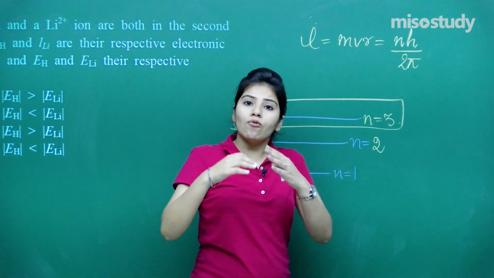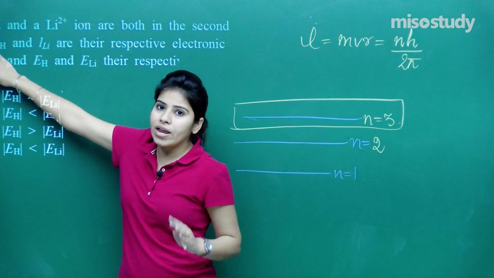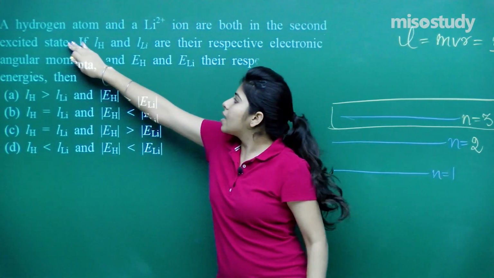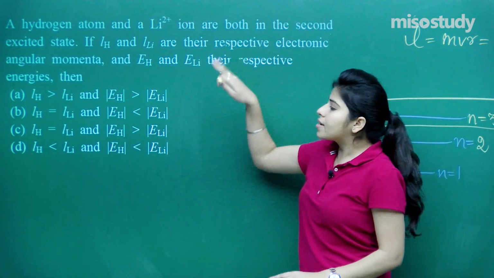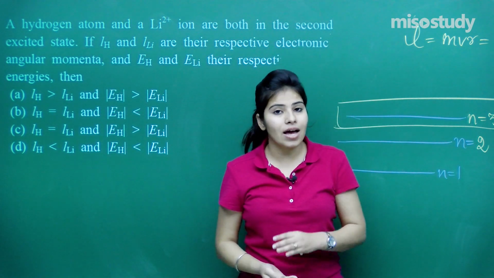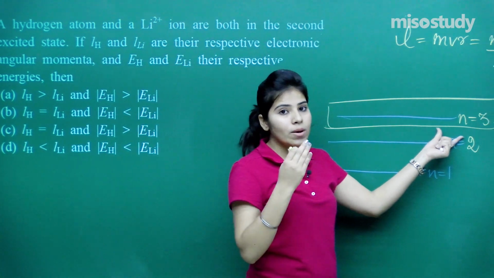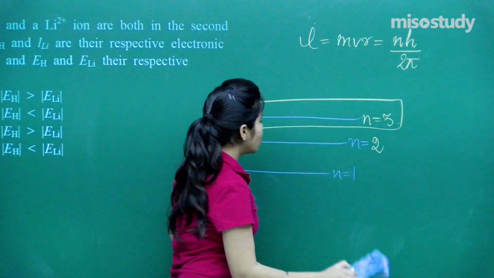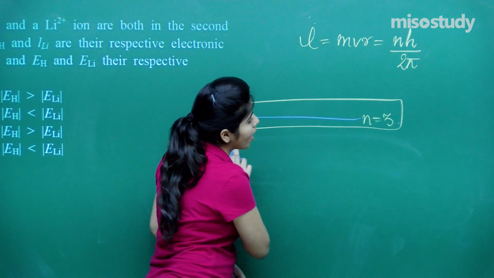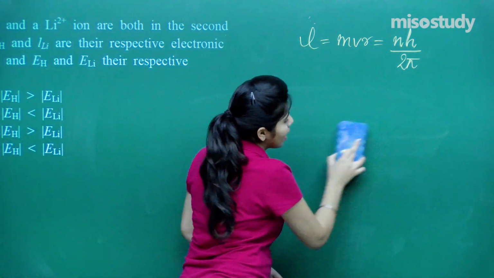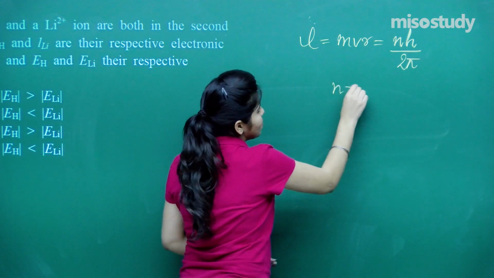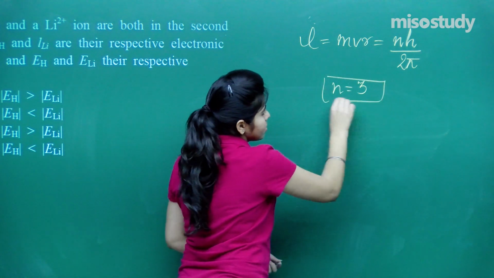Right? So in the very beginning they have made it clear that your n will be 3, because they are saying that they are both in the second excited state, and from this information we have got to know that our n will be equal to 3. So let me remove what is not required. We just need that our n has come out to be 3.